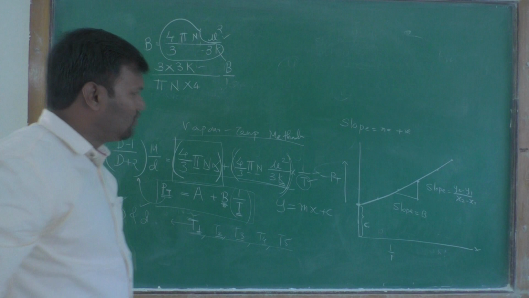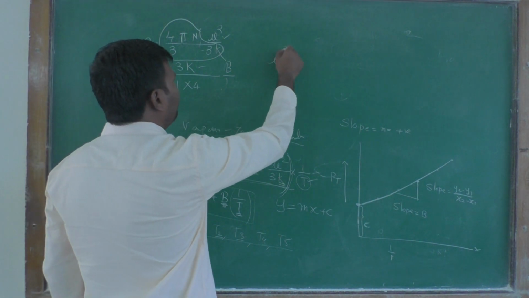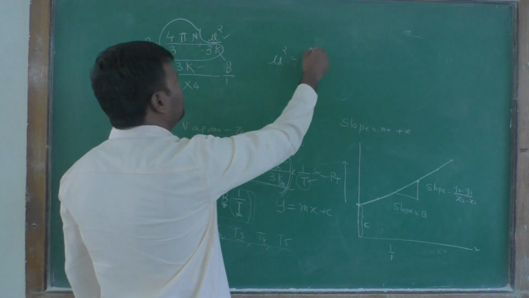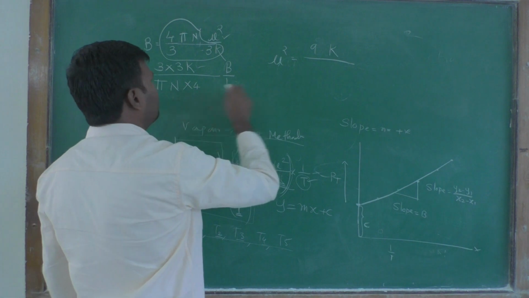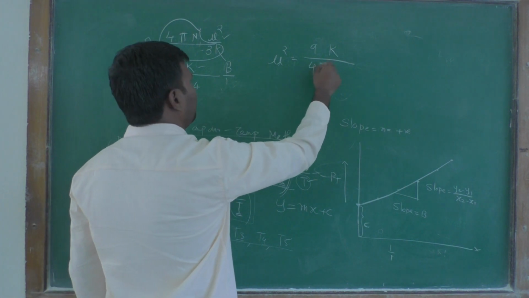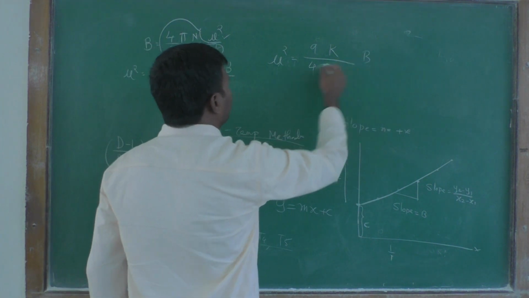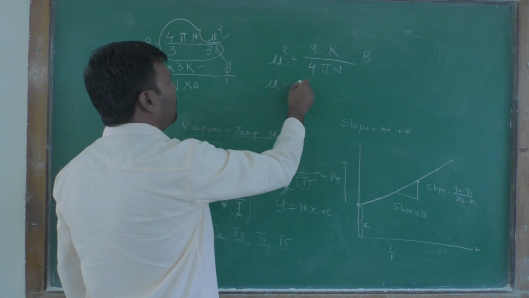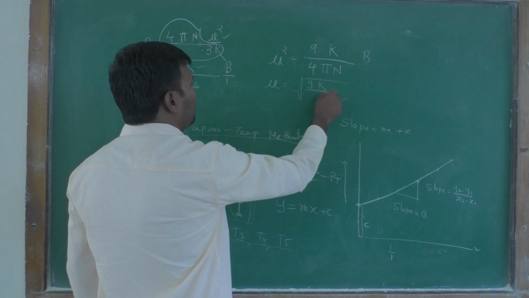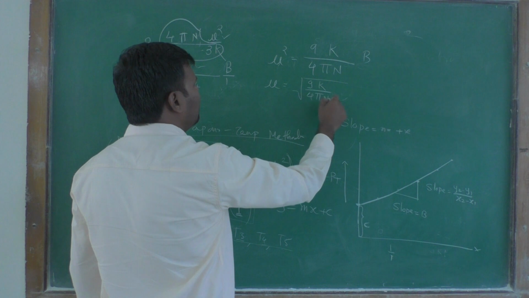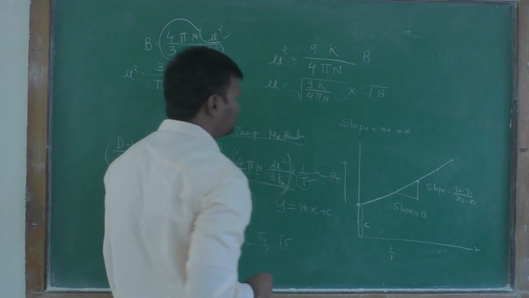Now mu square is equal to 3 into 3, that is 9k upon 4 pi n. Therefore mu is equal to under root 9k upon 4 pi n into under root b.